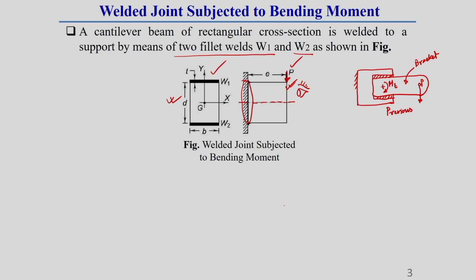Due to replacing this force P from this location to the center G, a torsional moment Mt developed, and an equal force P developed. In the previous case we observed that this torsional moment tries to rotate the bracket, and due to this torsional effect, the moment Mt developed a torsional shear stress.